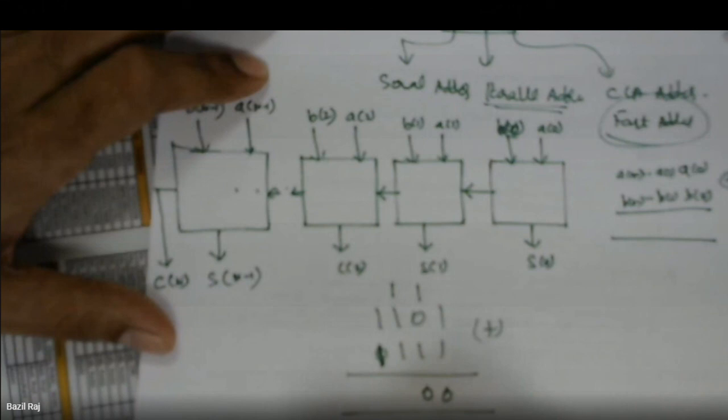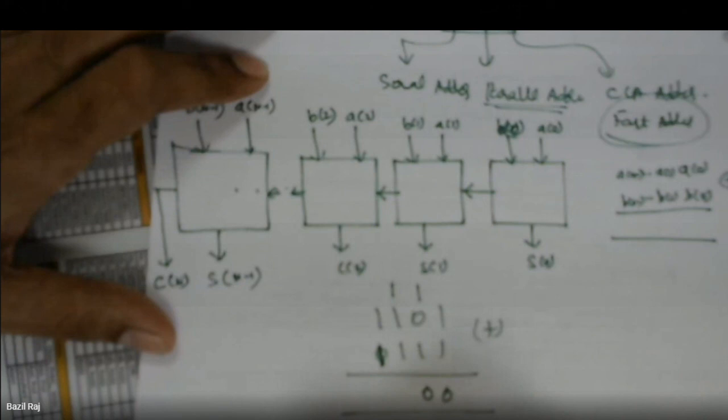Second thing, whenever we want to add n bit A with n bit B, to store the result we need n plus 1 bits. So whenever you are adding in digital, particularly in FPGA, if you add a 5 bit with a 5 bit, the result can be stored only in a 6 bit register.